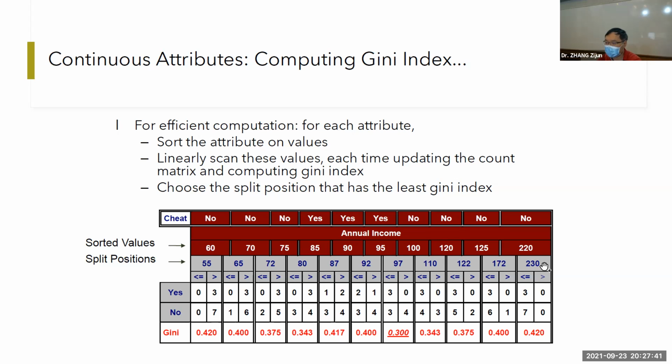For 220, we set 230, because it is a larger increase, so we can manually set it to a larger value with an increase of 10.